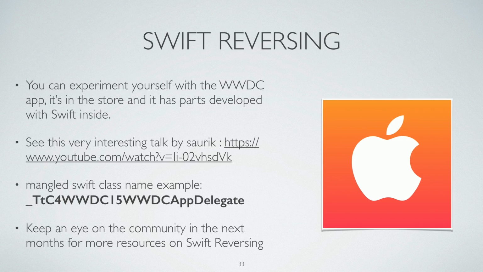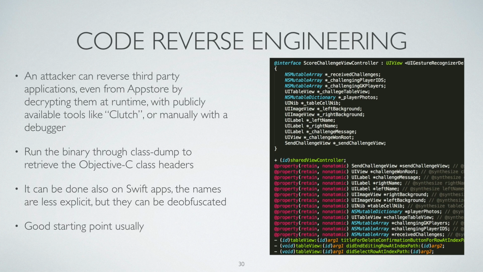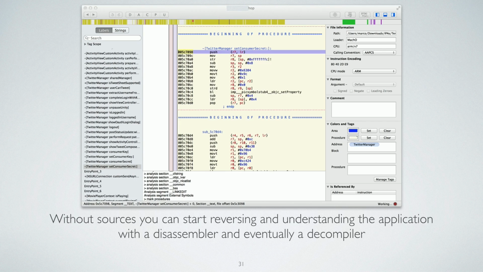If you want to experiment with Swift reversing, you can download the Damn Vulnerable iOS App, which embeds some Swift code. It's probably the only application yet in the iOS App Store with Swift inside, and as you can see, the class names are a little bit scrambled, a little bit mangled, but an attacker can start from here and demangle the names based on some conventions. So it's not really an obstacle, not really a security improvement if you develop your apps in Swift instead of Objective-C.